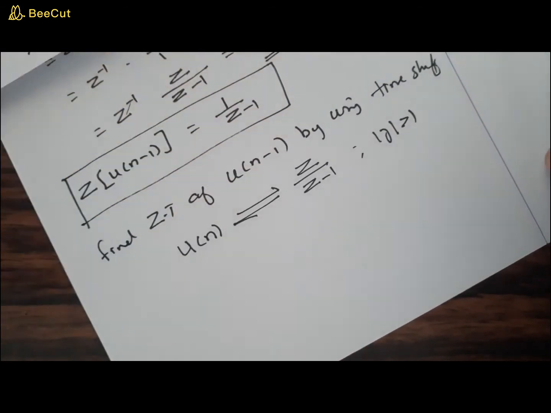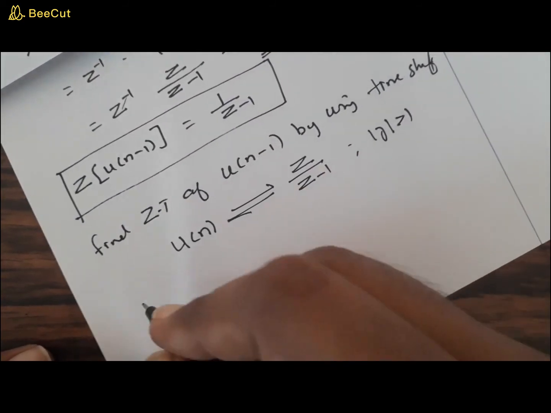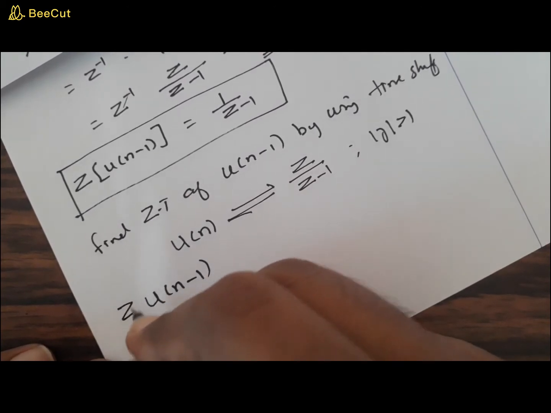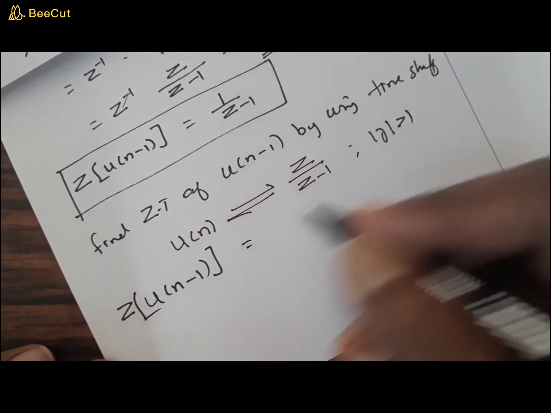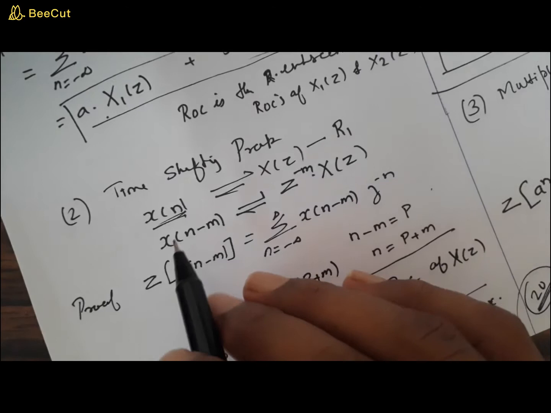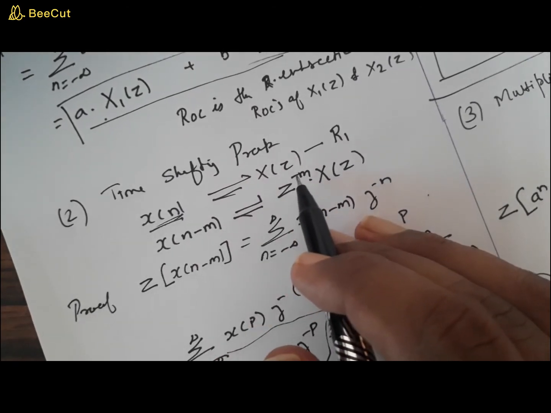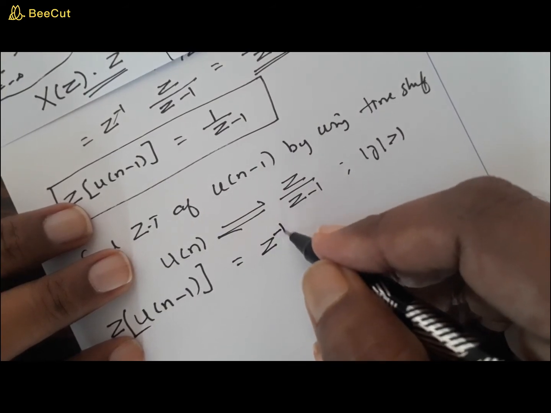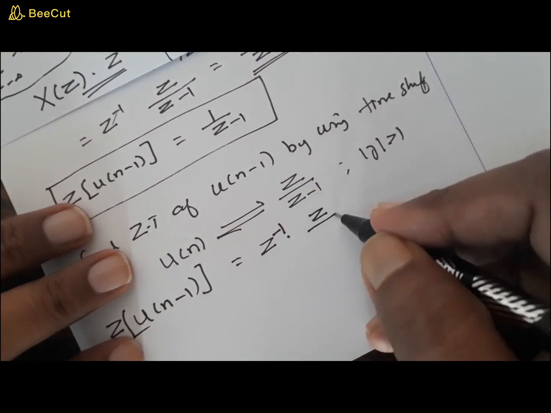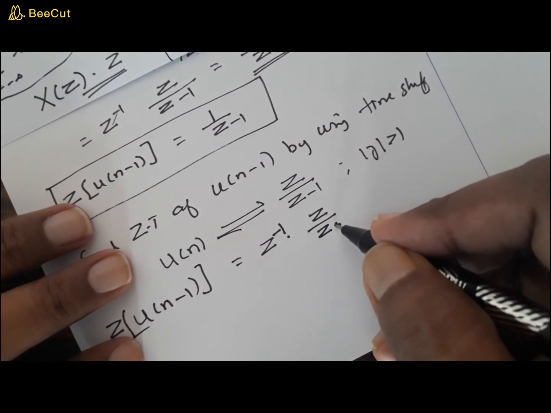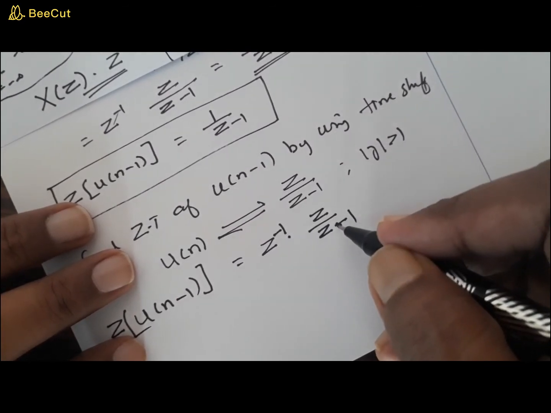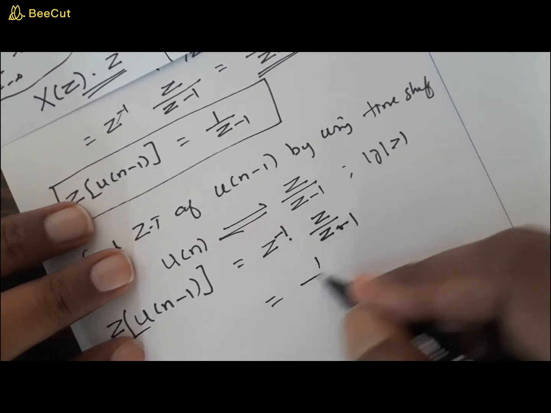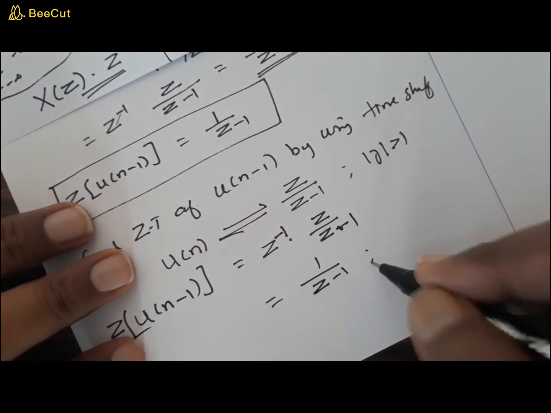Now what about u of n minus 1? The z transform of u of n minus 1, as per this expression, if it is n minus m, it will be z raised to minus m into X of z. Here m is 1, so you have z raised to minus 1 into z by z minus 1, which gives 1 by z minus 1. And what is its ROC?